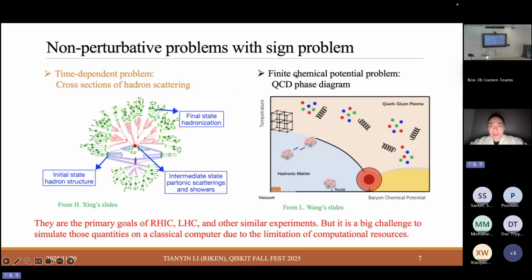On the other hand, the finite chemical potential problem also has a sign problem if we simulate it using the lattice QCD method. Those two kinds of problems are very important because they are primary goals of RHIC, LHC, and other experiments.